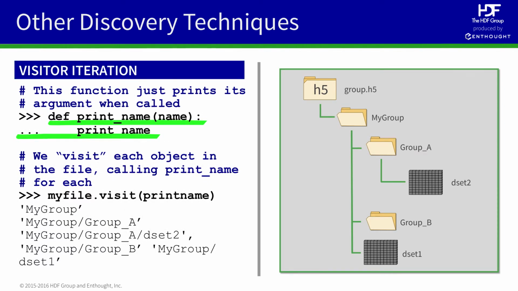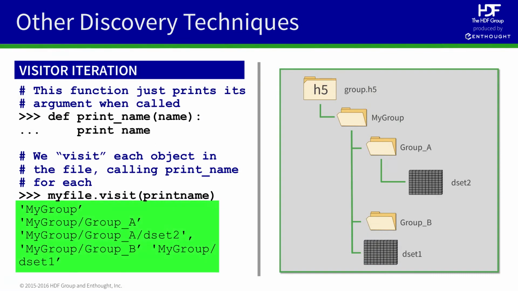First, we define a function that takes one argument, the path to an object. In this case, we define a function that takes the path and prints it to the screen. Then we use the method visit attached to any group, in this case, the root group of the file, and that function will be called once for each object in the file. Here, it prints the name of each object to the terminal.